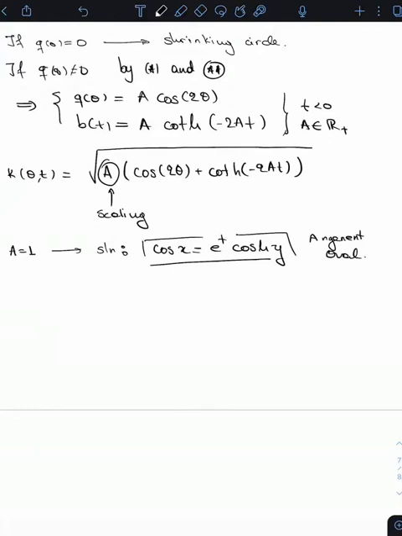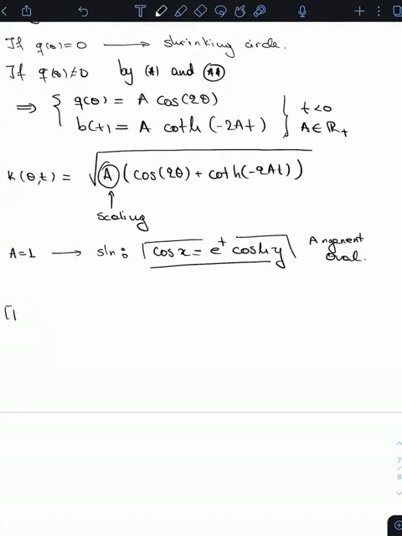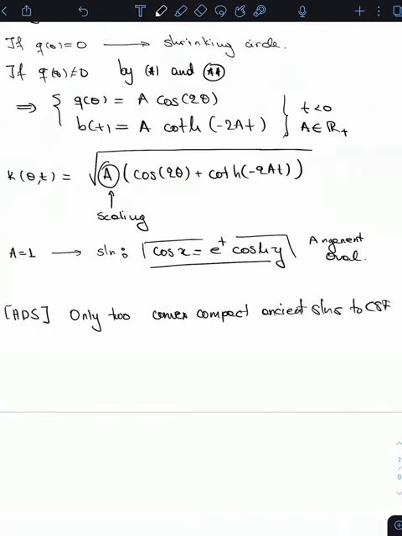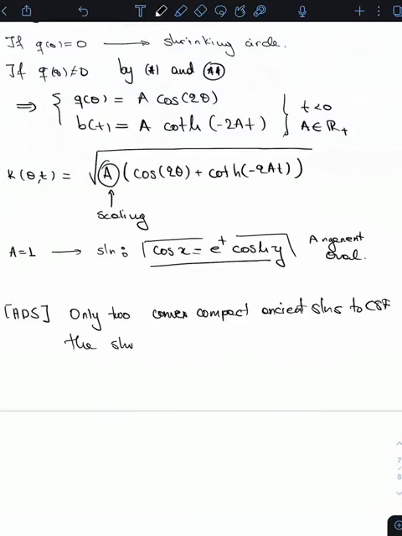Okay, so let me write again the theorem. There are only two convex, compact, ancient solutions to curvature flow: the shrinking circle and the angular oval.